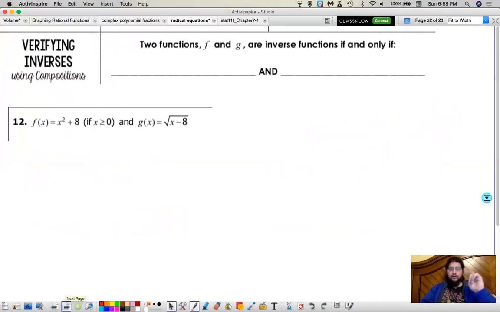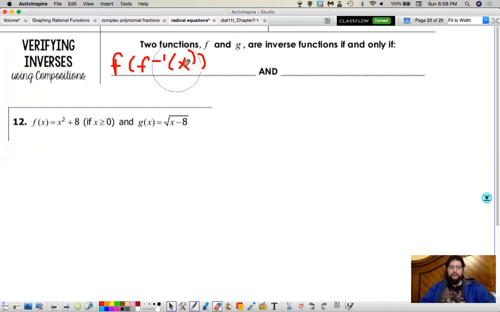Now, how do we know if they're inverse without actually calculating the inverse? Composition of functions. Well, it says f and g, so let me use that.